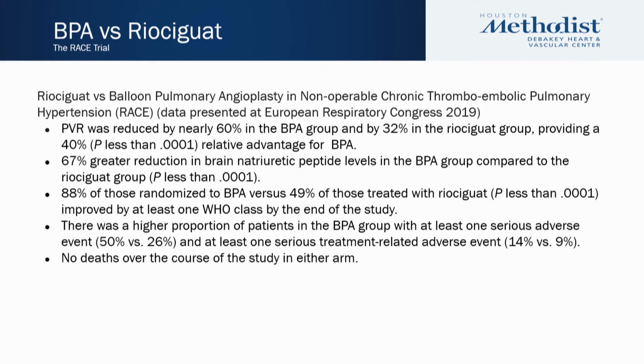Now, with that said, the medical therapy group still saw a significant benefit, so I don't think that should be discounted. Going forward, it's interesting to see whether there is an interplay between the two and whether both therapies should be considered in patients who are not operable, either from a technical or personal standpoint.